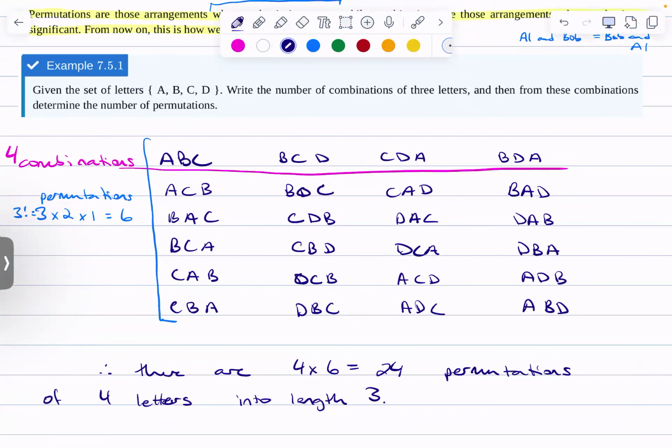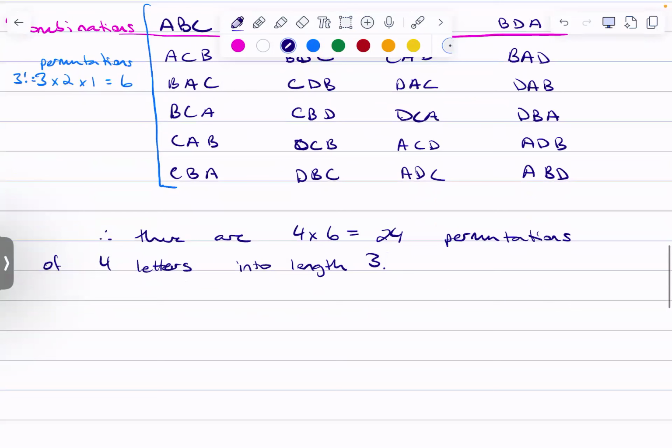So 4p3 is 24, right? 4 letters into 3 slots is really what it's saying. How many ways can I do that? I can do that 24 ways.